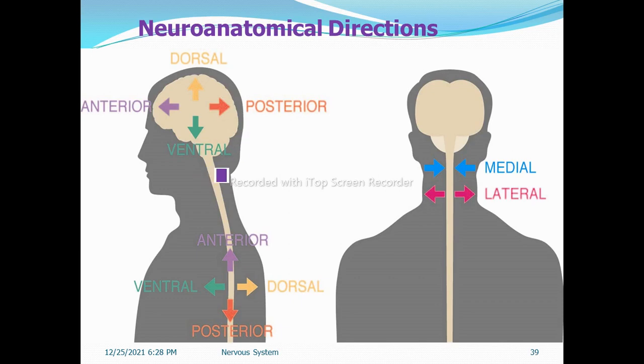This is the same thing, but for the spinal cord: toward the upper or superior is considered anterior, inferior toward the caudal is posterior, toward the back is dorsal, and toward the front is ventral.